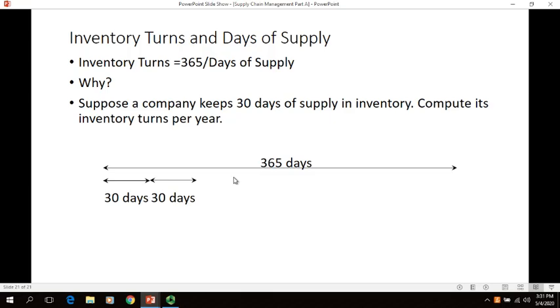And every 30 days, it turns its inventory. So how many of these can we fit in 365 days? The answer is 365 divided by 30. So 365 divided by the number of days of supply, that's how many times you turn your inventory.